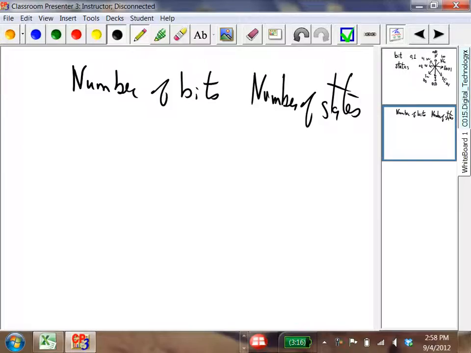Okay. So let's say Andrew Casito. What's the relationship between the number of bits and the number of states? Right. But I'm looking for a mathematical equality. Let's say B is the number of bits you have.